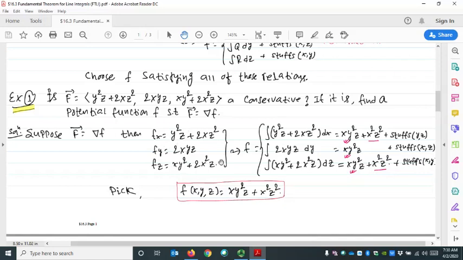Then from these relations, f equals the integral of fx with respect to dx, fy with respect to dy, and fz with respect to dz. The integral of y squared z plus 2x z squared with respect to dx is x y squared z plus x squared z squared plus an arbitrary constant, which is a function of y and z.